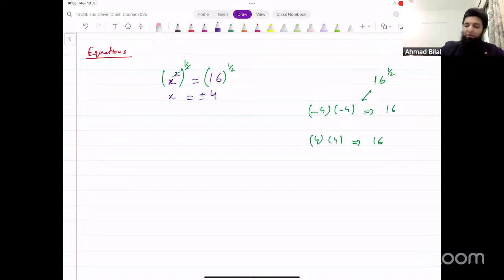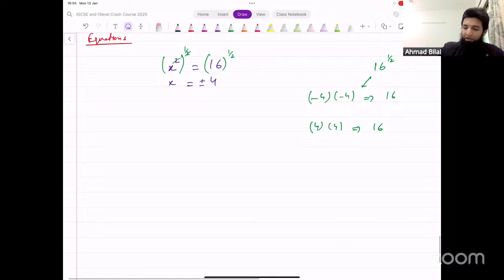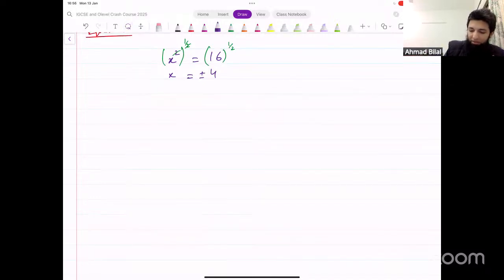Now, similarly, if we had another equation, it might be like this, that you have x raised to the power 2 over 3, and that is equal to, or in this case, let me take something else.